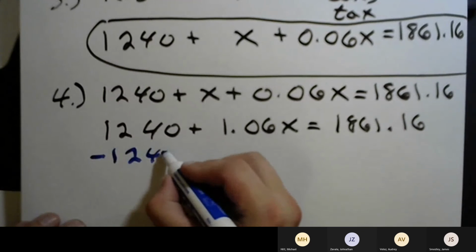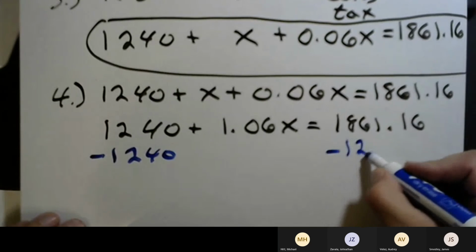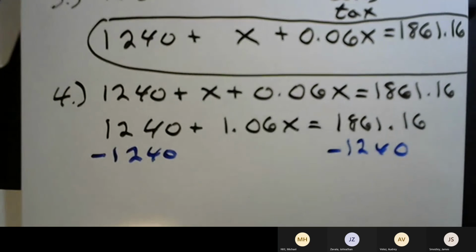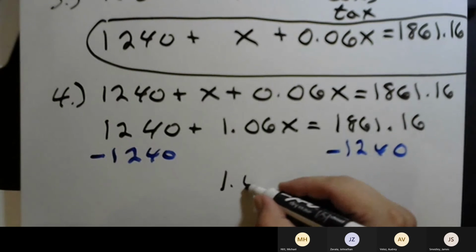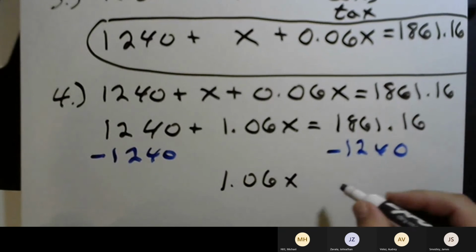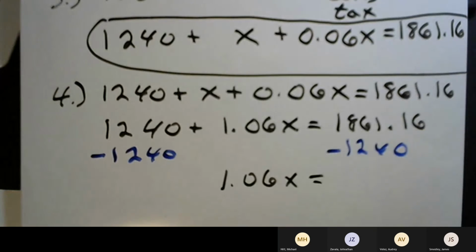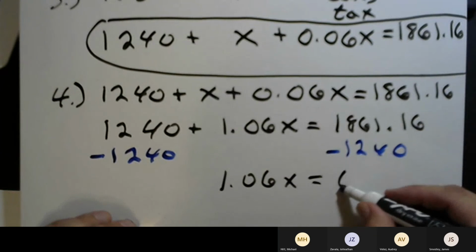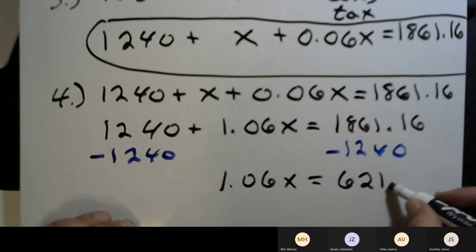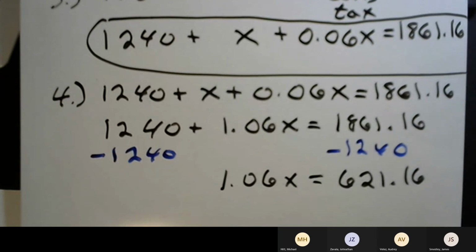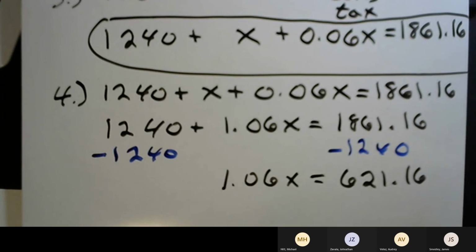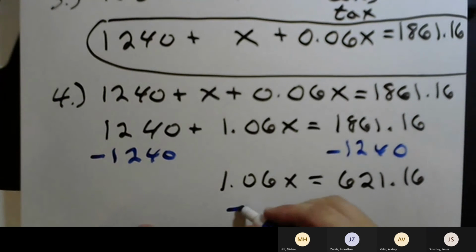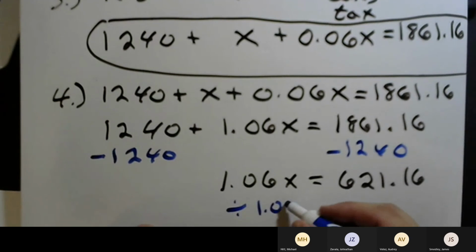Subtract 1240 from both sides. 1.06x is equal to 621.16. Finally, divide by 1.06.